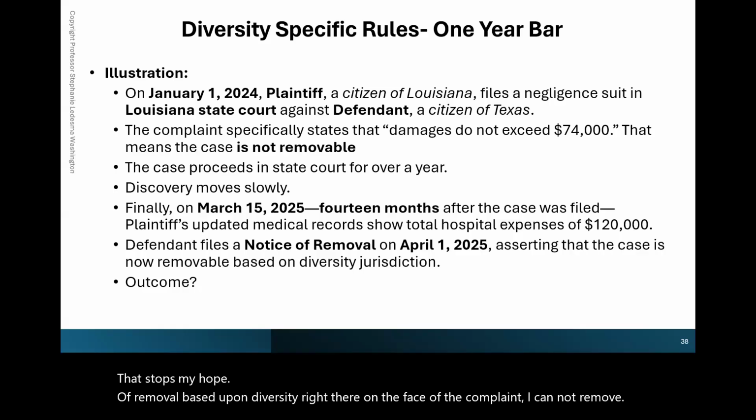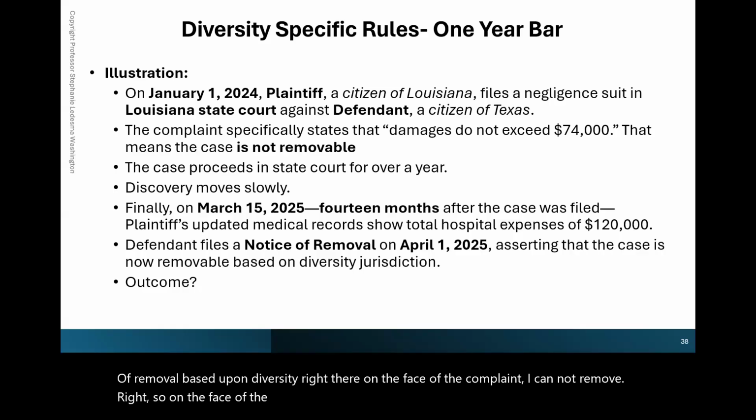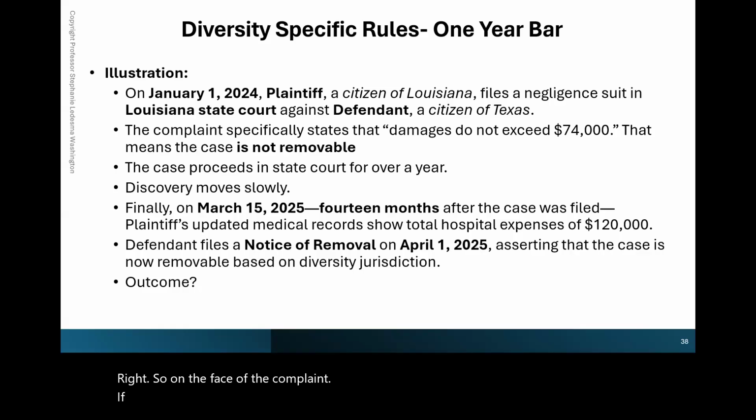So on the face of the complaint, if something comes up that allows me to remove, like an amended pleading or a motion or an order or other paper, get it?